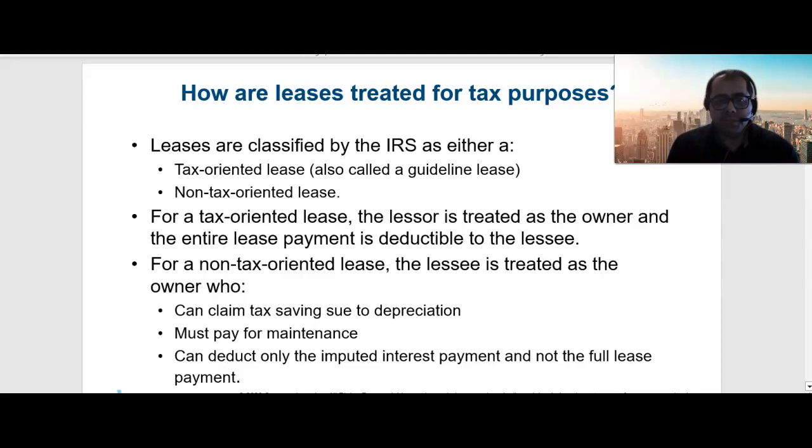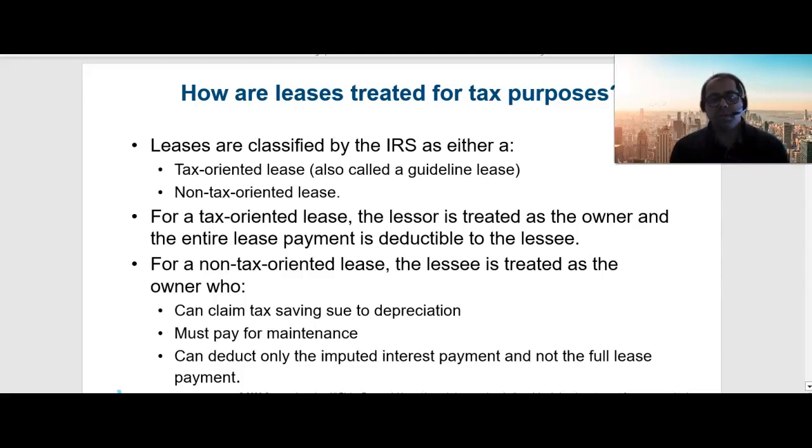Now, for tax purposes, leases can be a tax-oriented lease or a non-tax oriented lease. For a non-tax oriented lease, the lessee is treated as the owner, and for a tax-oriented lease, the lessor, the person that owns the asset, is treated as the owner, and the entire lease payment that the lessee makes is deductible for tax purposes.